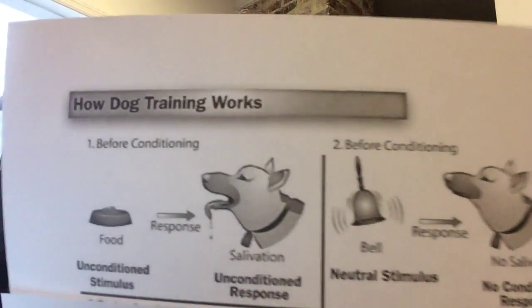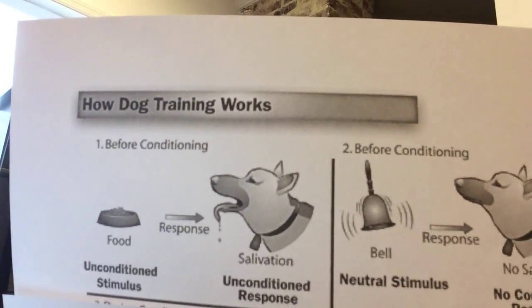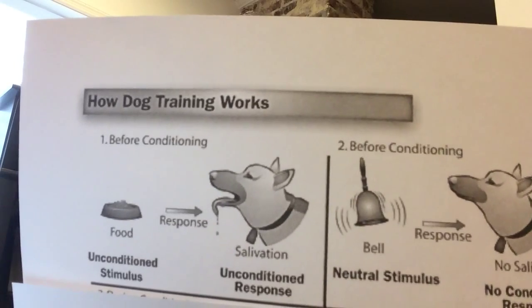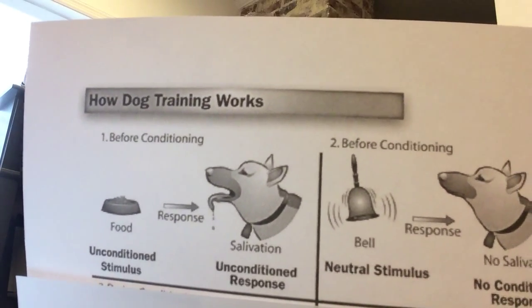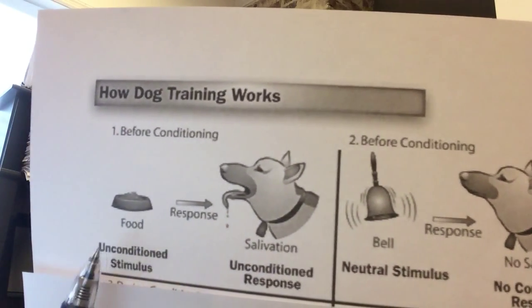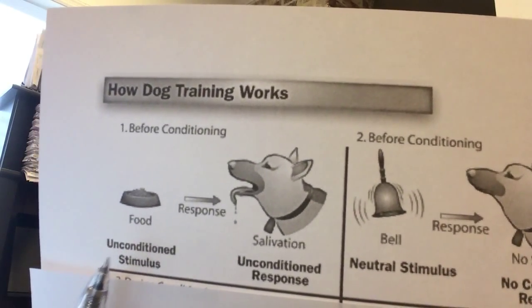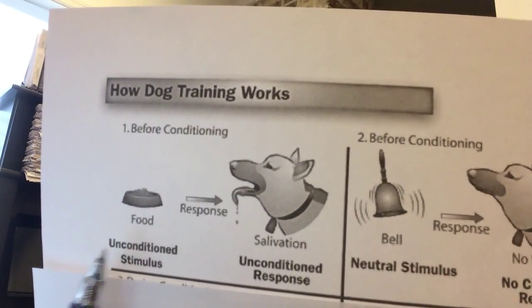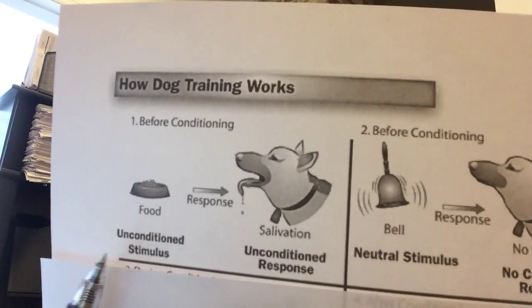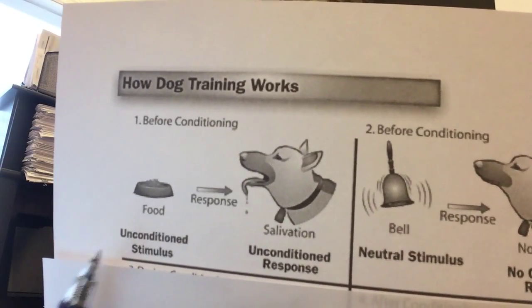Let us look at the following 4 pictures to illustrate Ivan Pavlov's findings. Let's use the first pair of pictures to illustrate behavior. The picture on the left shows 2 images, the dog and the food. Let's think of the food as producing a stimulus, and let's think of the dog responding to the food.